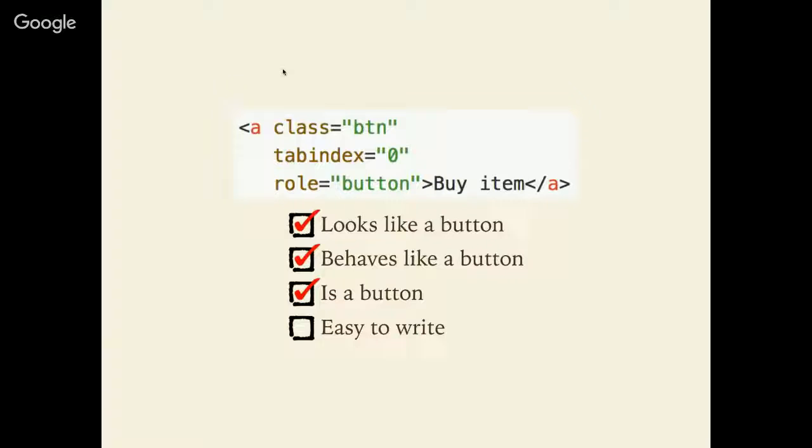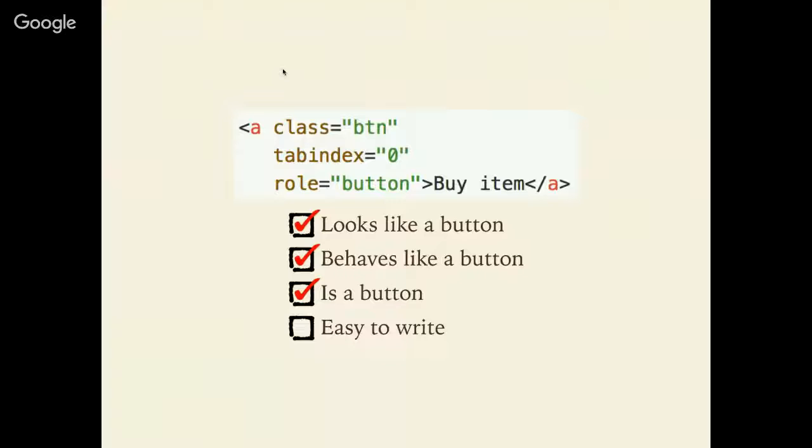On the next slide, we have the same anchor code piece, but we added a tab index of 0 again to make it focusable. And we also added a role equals button to expose it as a button to assistive technologies. Now in the checklist, there's a check next to looks like a button, behaves like a button, and is a button.